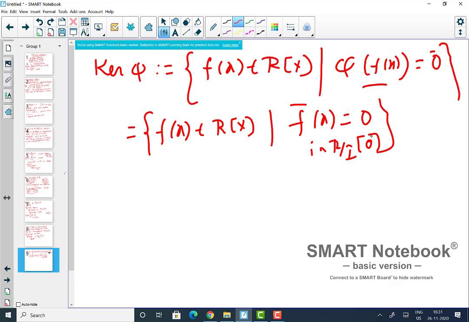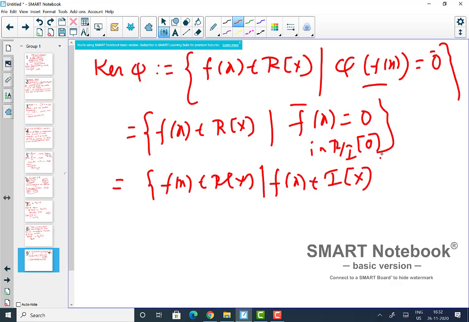That means the coefficients of f(x) are divisible by I, they are inside I actually. So f(x) is inside I[x]. So the kernel is a subset of I[x], and conversely I[x] is also a subset of the kernel of phi.